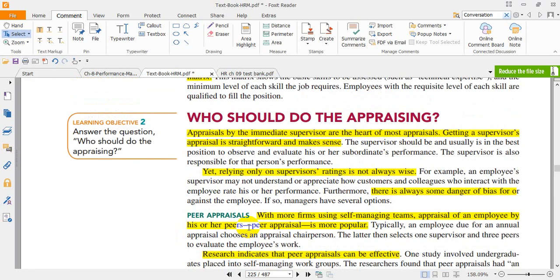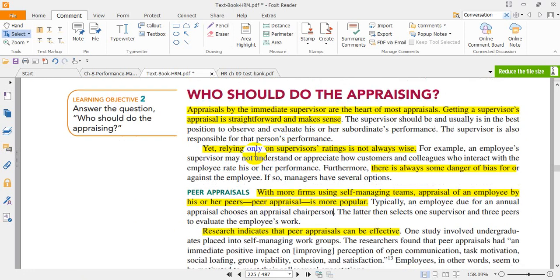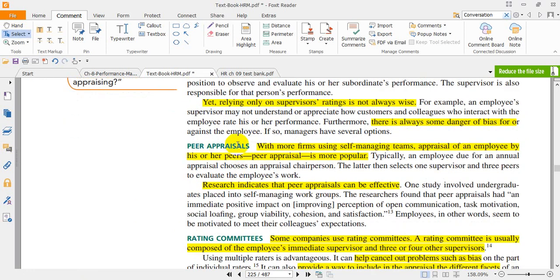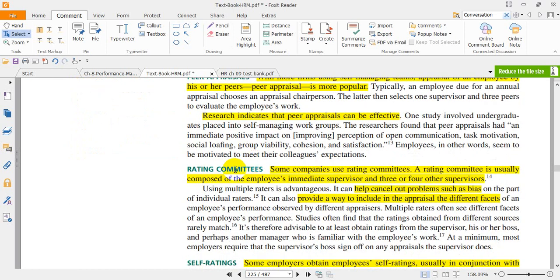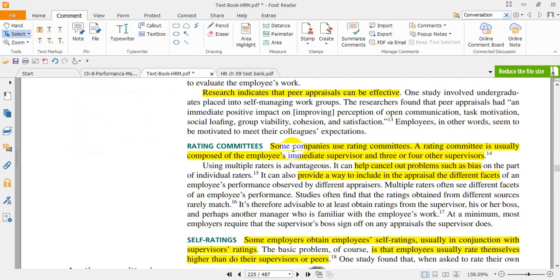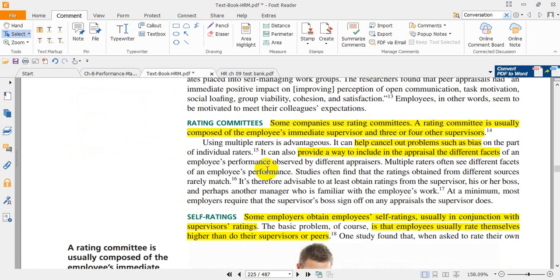Okay, so who should do the appraising? Firstly, at the heart of appraisal is the immediate supervisor. Peer appraisal is another technique. A rating committee is a supervisor with 3 or 4 other supervisors.